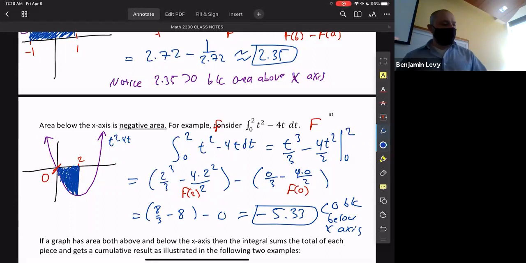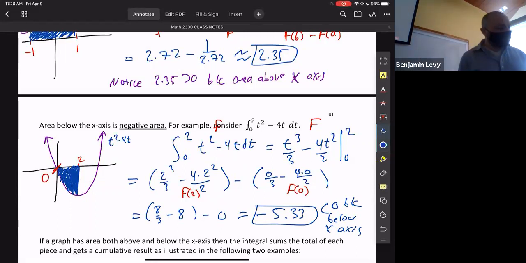What do you think? Okay, cool. Is that okay? Thoughts? One's positive, one's negative.